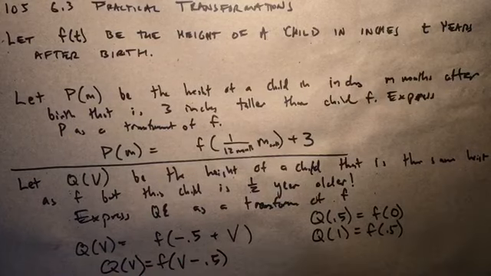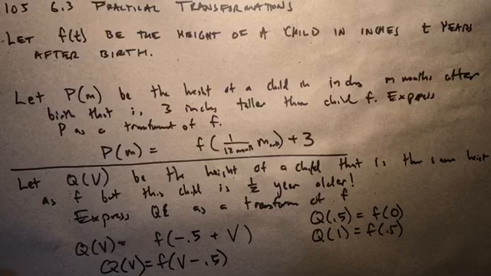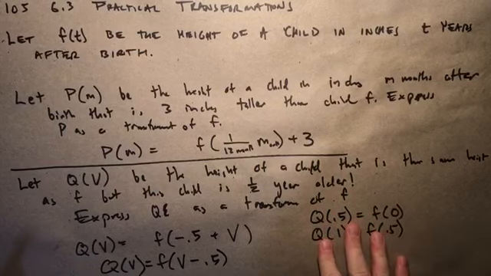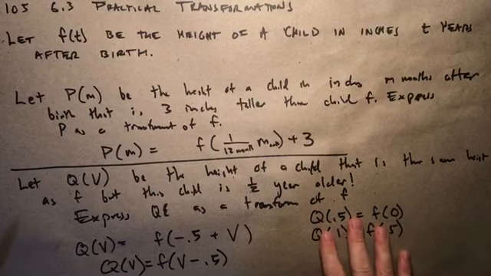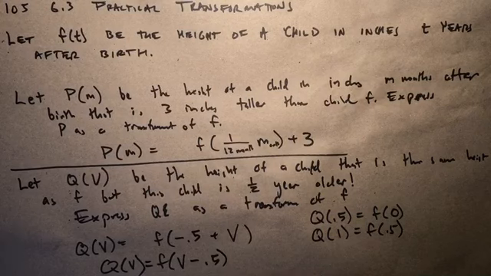So I can't recommend enough, if you're stuck on whether or not you're going to have a plus or a minus, think about a situation and plug some values in. What I think you should probably avoid at all costs is thinking about this in terms of a right shift, left shift problem, because we're really just working on mathematical literacy here. I don't have graphs to be able to think about what's being shifted on top of another.